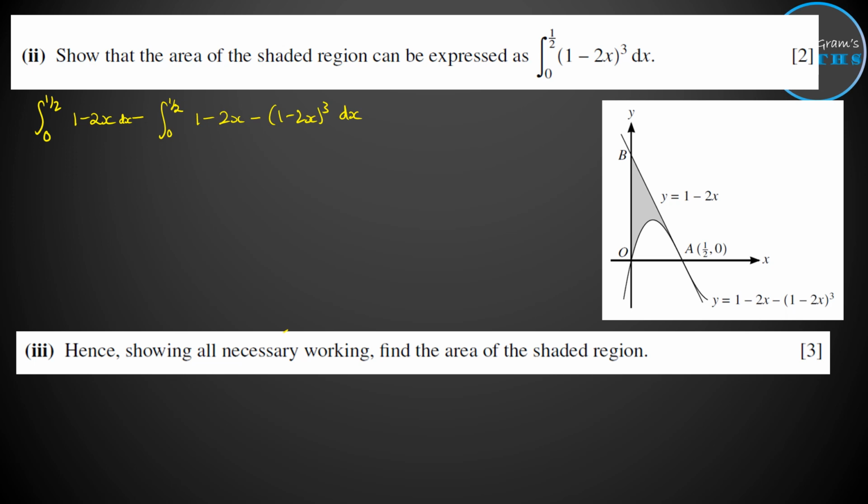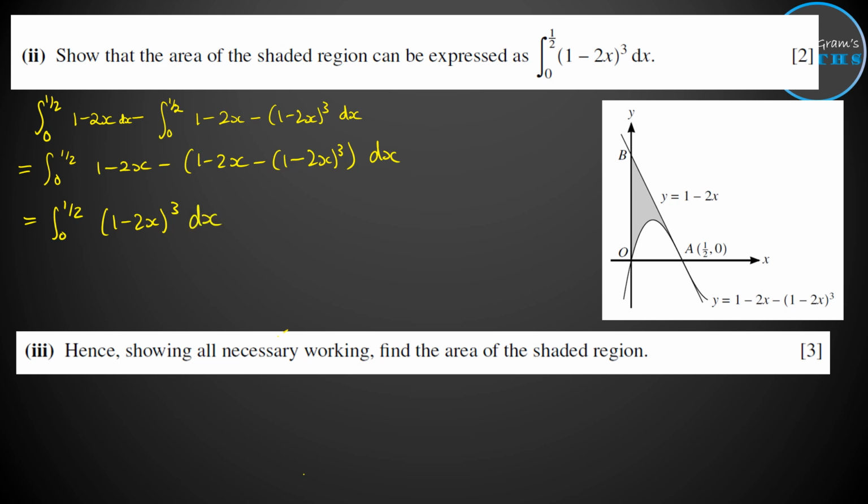And we can combine them into one integration, which you can see then simplifies down to simply being the 1 minus 2x cubed.